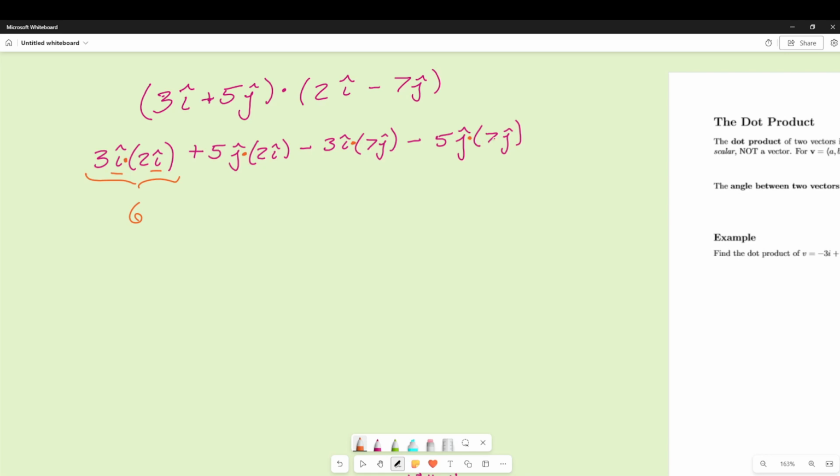I used juxtaposition, can't do that. So this is still just 6. But here, i and j are orthogonal to each other. They're perpendicular. So their dot product is 0.